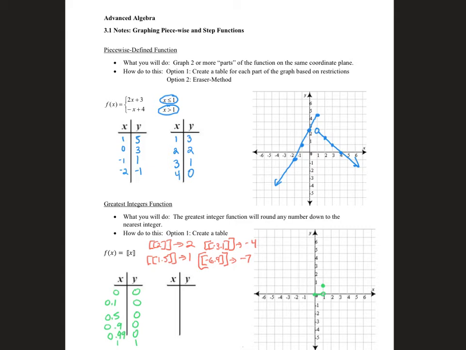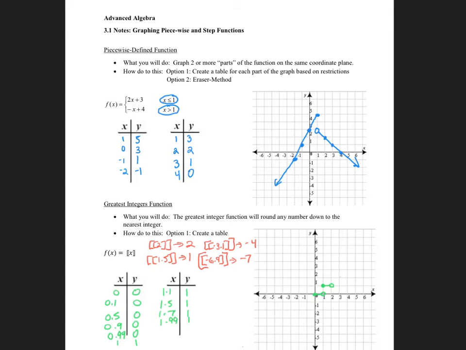And then I could repeat this process again. 1.1 rounds down to 1, 1.5 rounds down to 1, 1.7 rounds down to 1, 1.99 rounds down to 1, and this process would literally continue. So for any value of 1, I get 1, and anything less than 2 rounds down to 1.